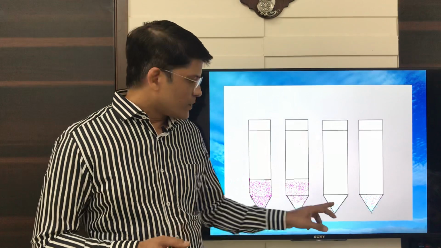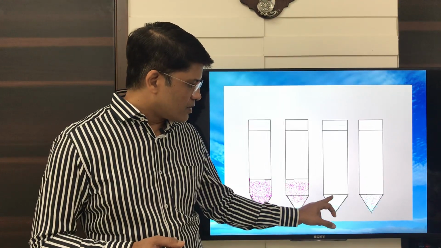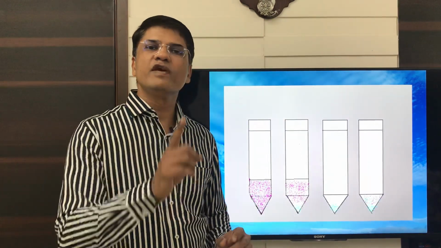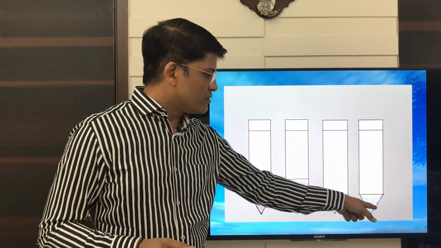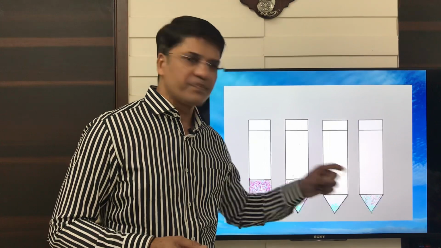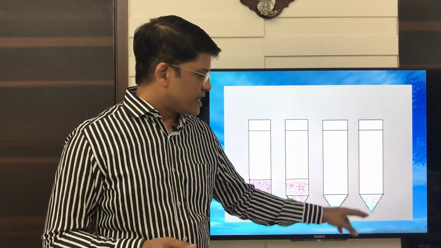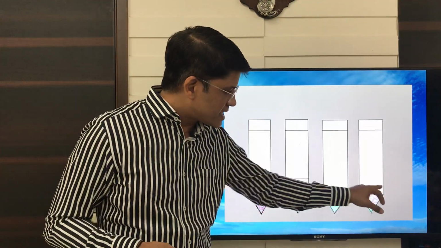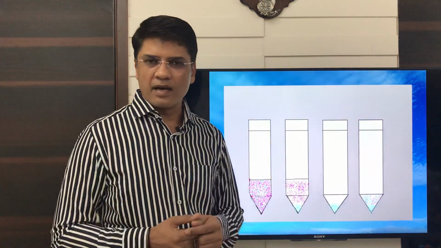So what happens? All the good sperm will try to reach the uppermost layer, that is called swim up. And once the sperms are at the uppermost layer, after 45 minutes, we take this upper 0.5 to 0.7 ml.